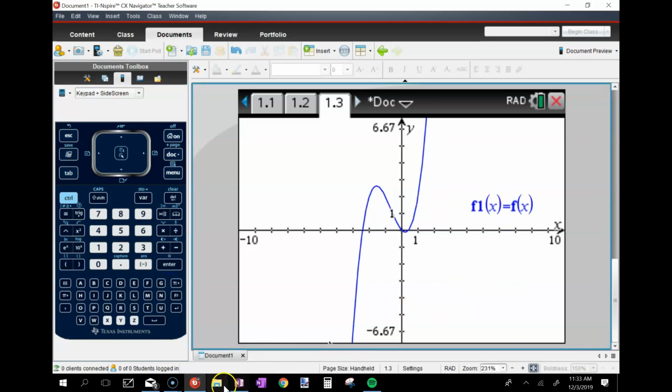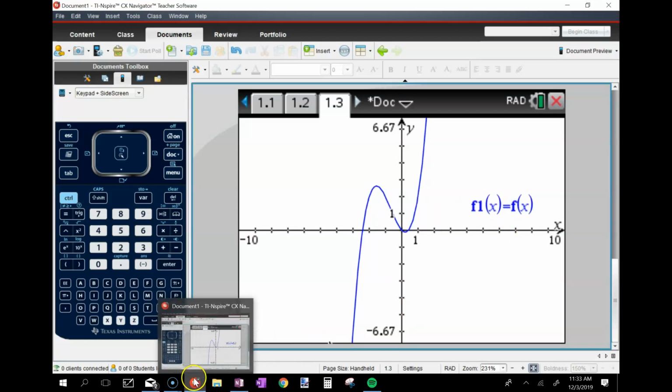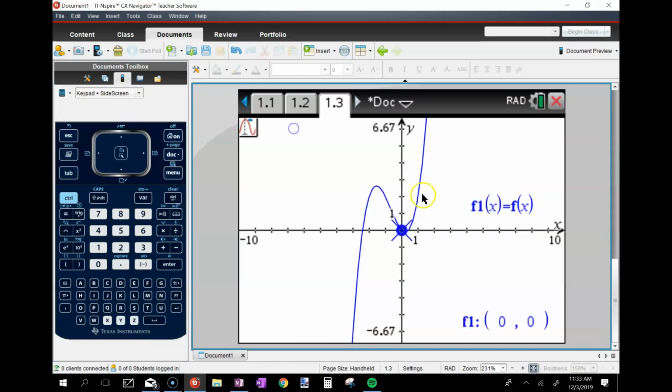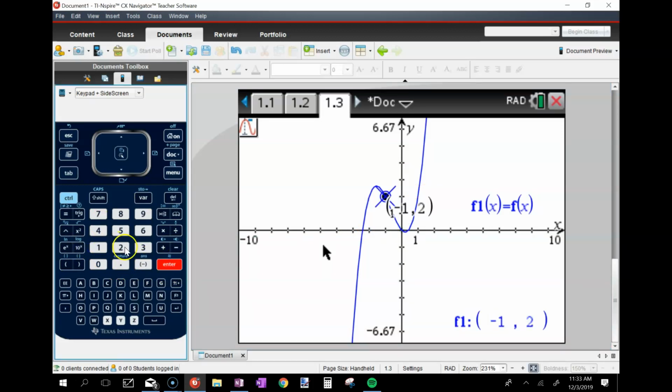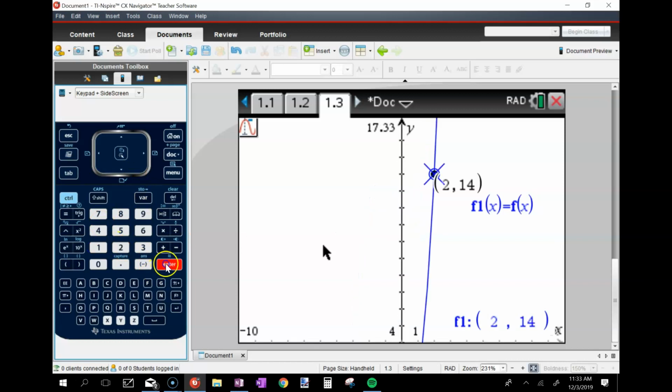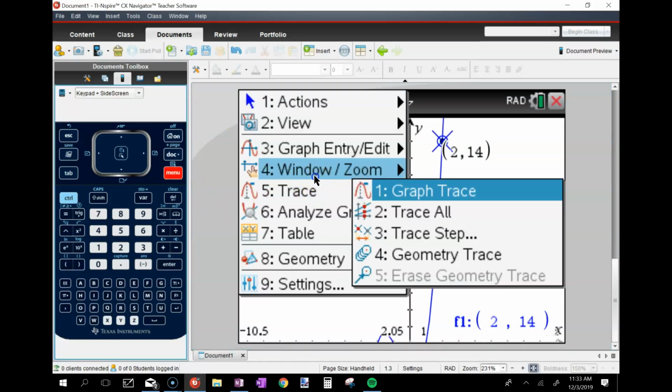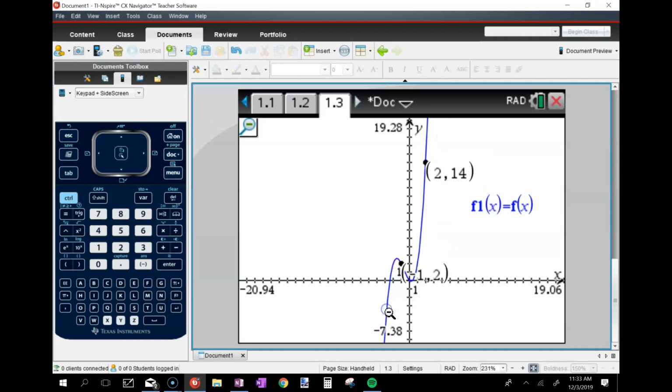Now, what did we just say? We said that there is a point. What was the interval? From -1 to 2. Okay. Let me zoom out a little bit.